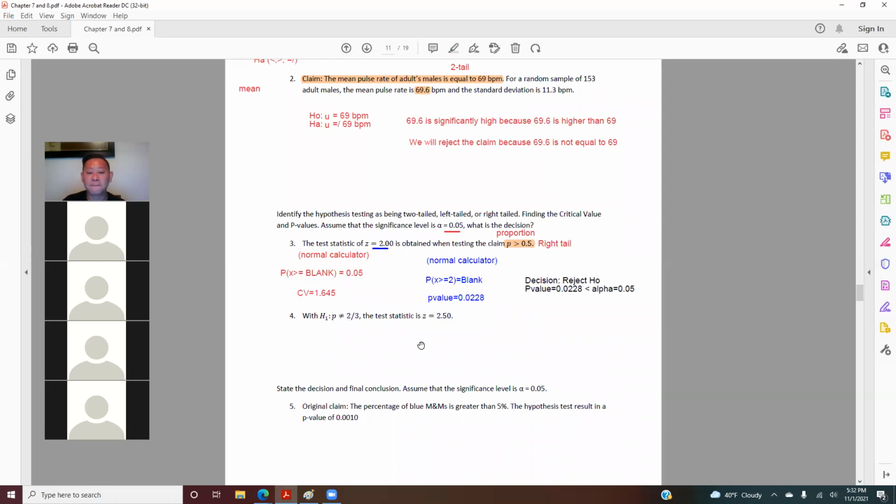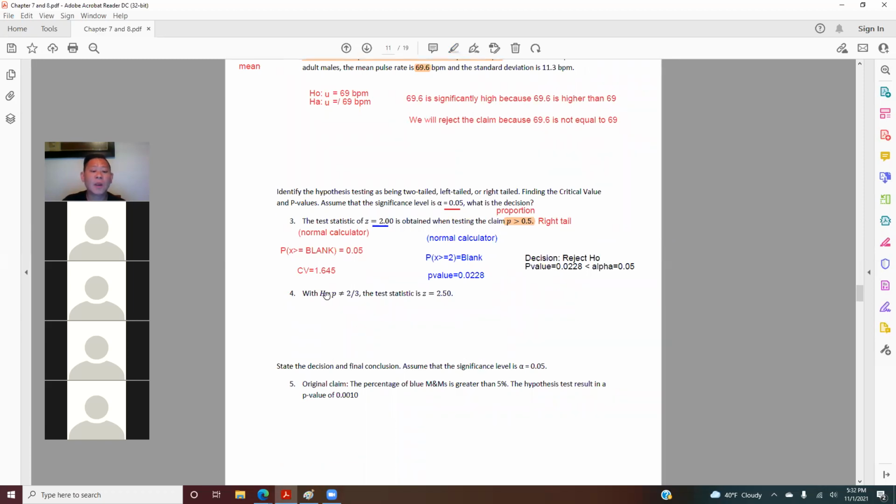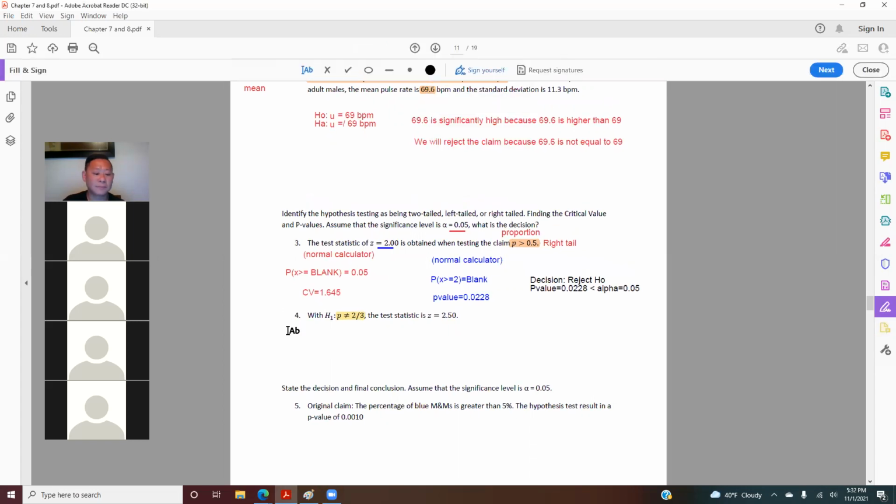On question 4. What would I say it is? Two tail? Because this is a claim statement: not equal to. It's not equal to, so this is going to be a two-tail test. Okay.